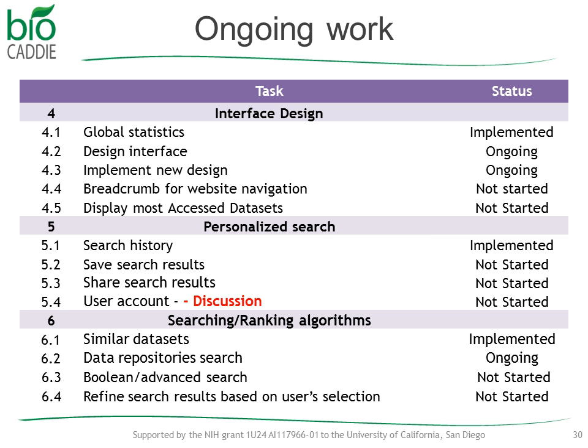The status here says not started yet. For some of these things, for example personalized search, I think we need to briefly discuss whether we would like to give the option for the user to generate an account, which would be useful for saving the search results and sharing these search results in different ways.